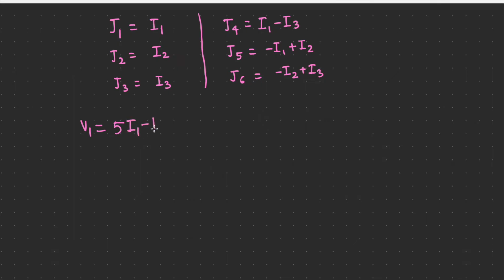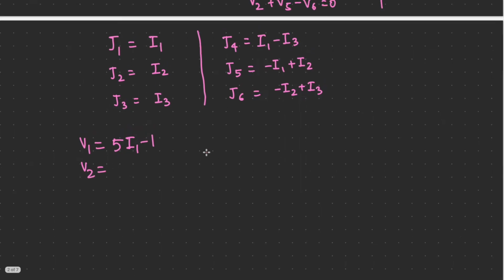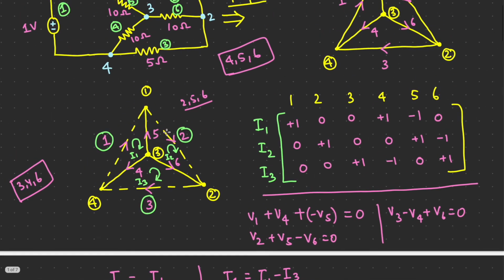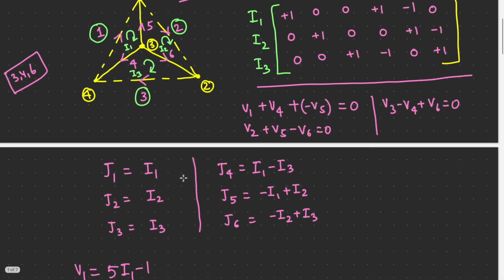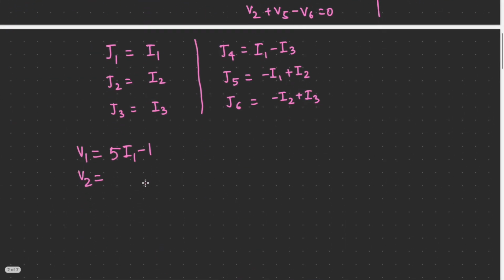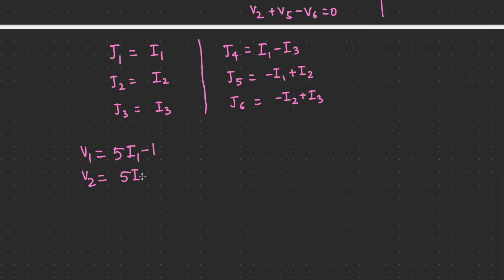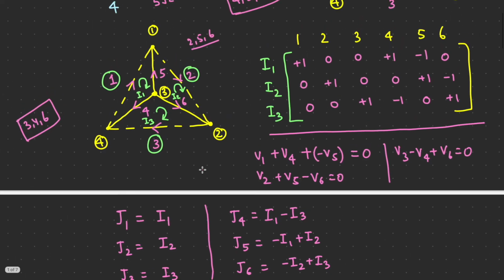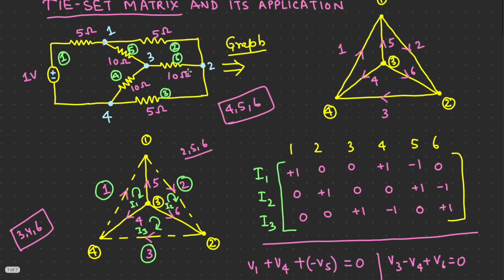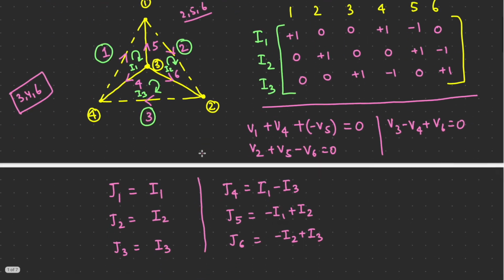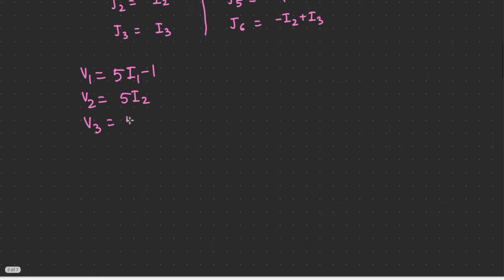Then V2 is branch number 2, a 5 ohm resistor with current I2, so it is 5I2. And V3 is the voltage across branch number 3, which consists of a 5 ohm resistor, so it is 5I3.